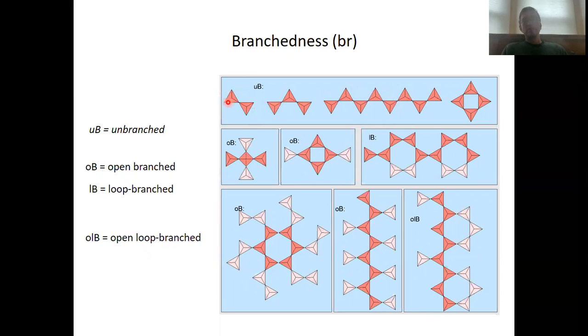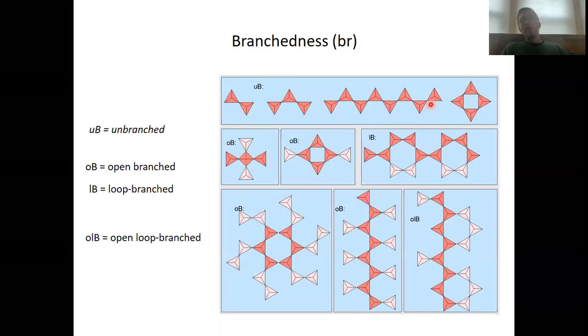Here we have just 2 SiO4 tetrahedra linked together in an unbranched way, here we have 3, and here we have 1, 2, 3, 4, 5, 6, 7, 8. We could also make infinite chains of tetrahedra which are all unbranched, or we can close these chains to form rings. Here we have an example of a ring with 4 tetrahedra.